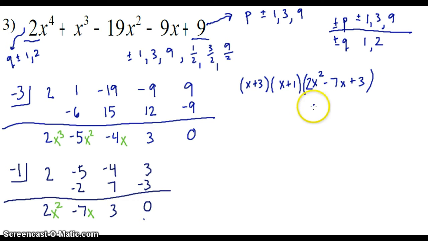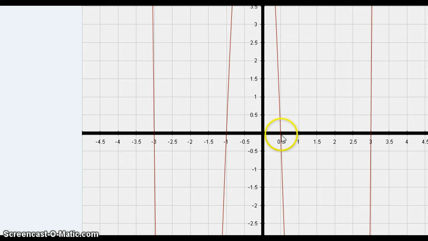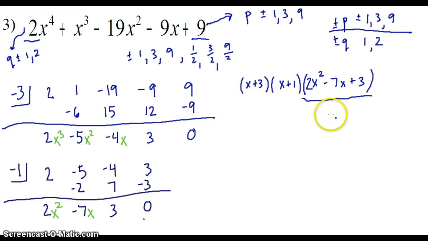And so this leftover quadratic part should be factorable, because if we look at the graph again, it looks like we have a half and 3 left as possible rational roots. So let's go ahead and factor that. The first term is going to be 2x and x, and 3 only has factors of 3 and 1.